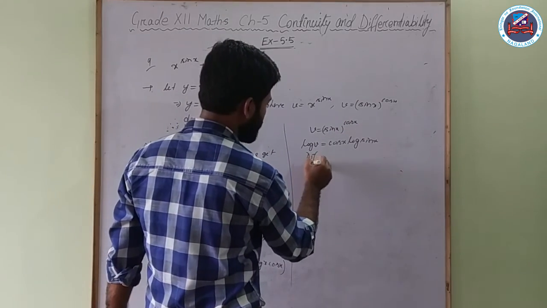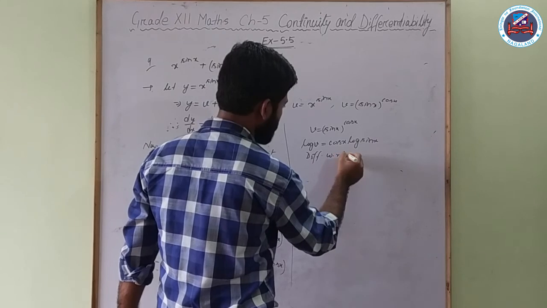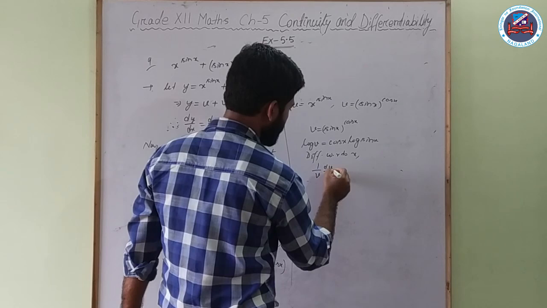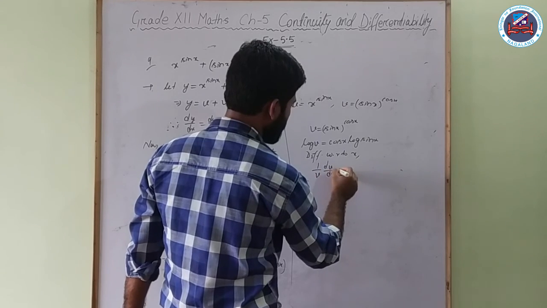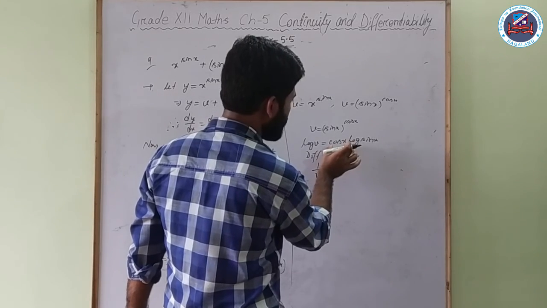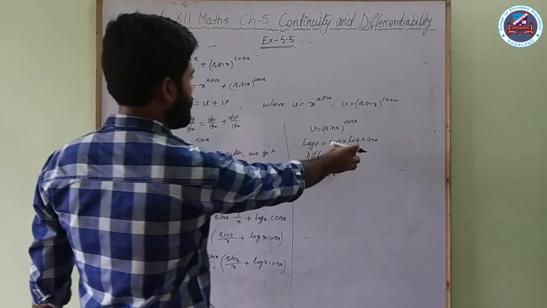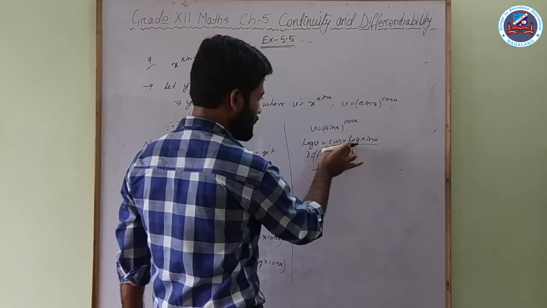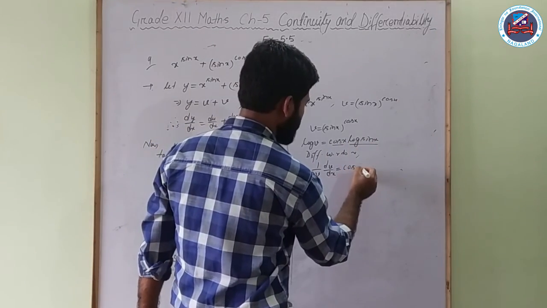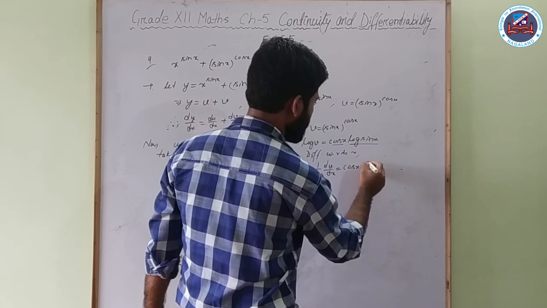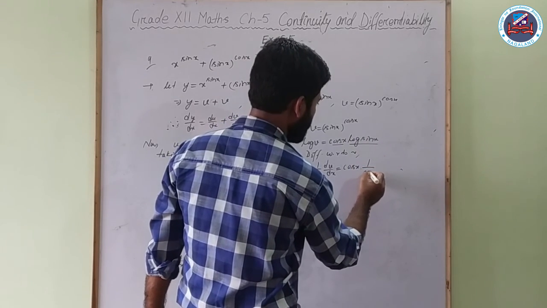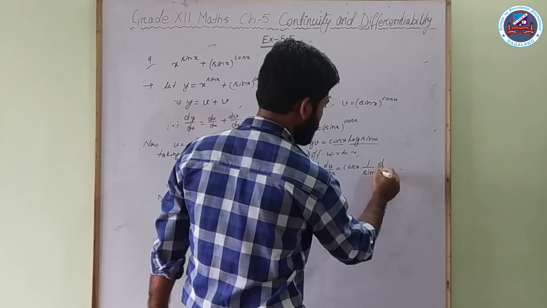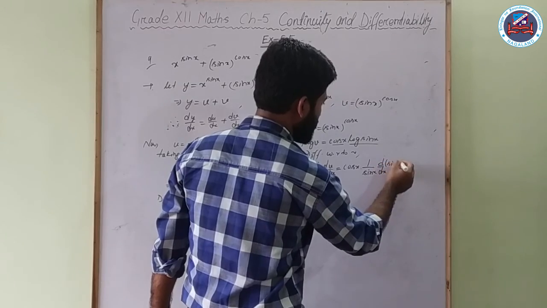If I differentiate it with respect to x, we shall have derivative of log v will be 1 by v dv by dx, and this will be, see here, this is one function and this is second function. So write the first function first, then d/dx of second function, that is log of sin x will be 1 by sin x, but sin x is not the x, isn't it? So we need to write the d/dx of sin x here.